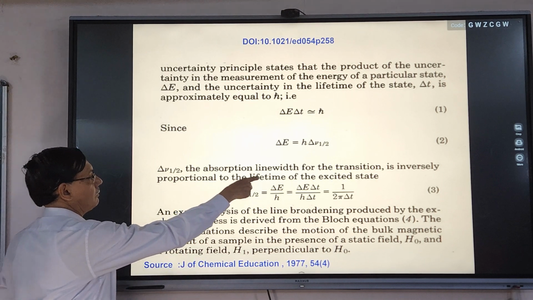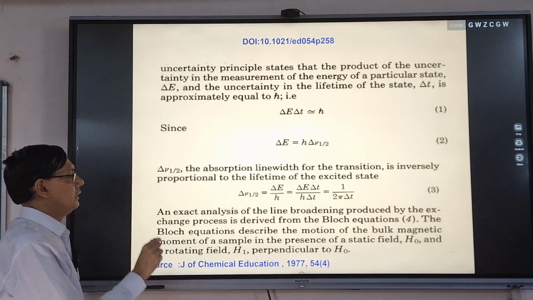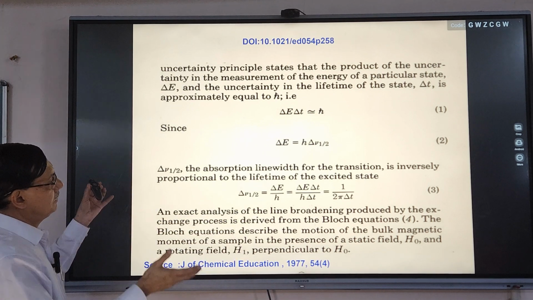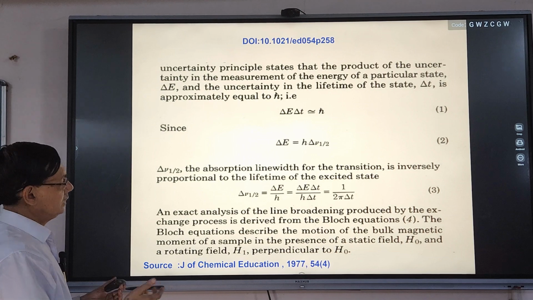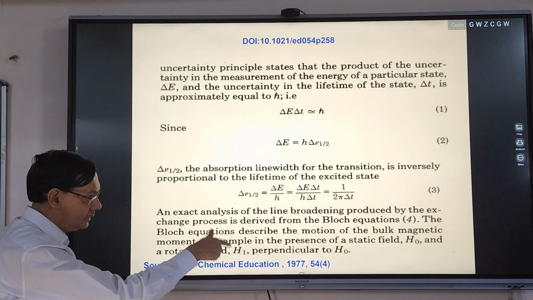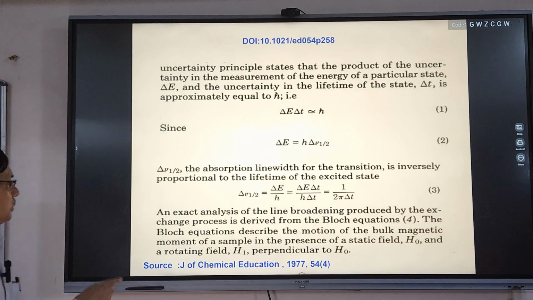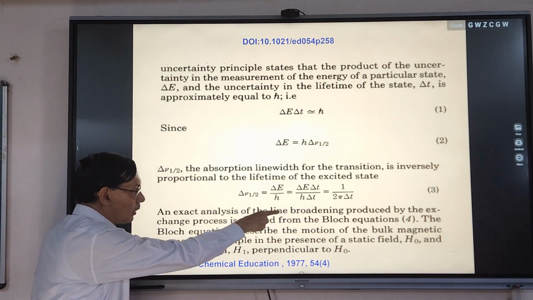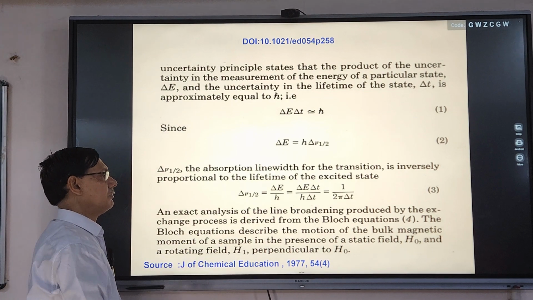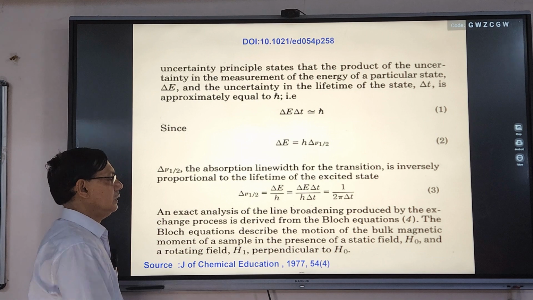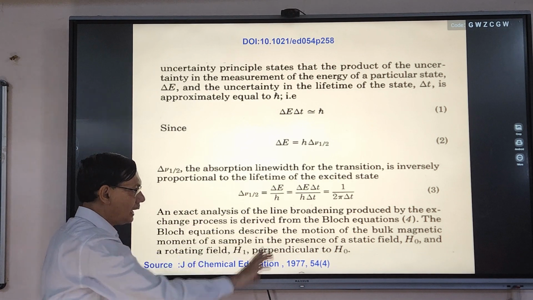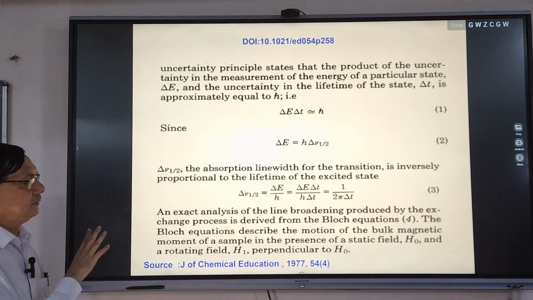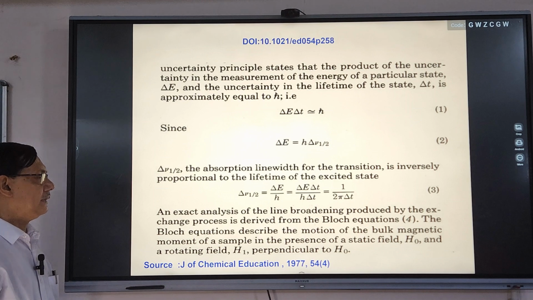It depends upon the lifetime. Sometimes the lifetime is very low, sometimes very high. So in this initial state, there is no change in the spectra. In an exact analysis of line broadening, suppose you are performing some experiment and you are getting such a broad line, then you can throw some light on it: yes, there is no exchange.